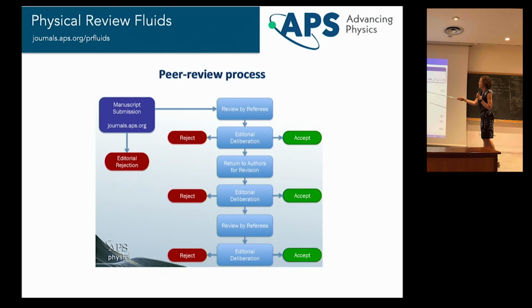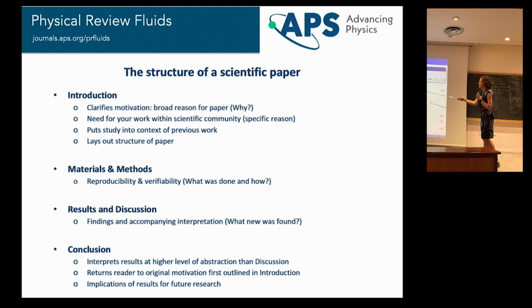So, final editorial deliberation. The structure of a scientific paper, I will not spend a lot of time because that is common to all journals. What should you do in the introduction? State the need for the work, put the study into the context of the state of the art and previous work, lay out the structure of the paper, and describe the materials and methods.